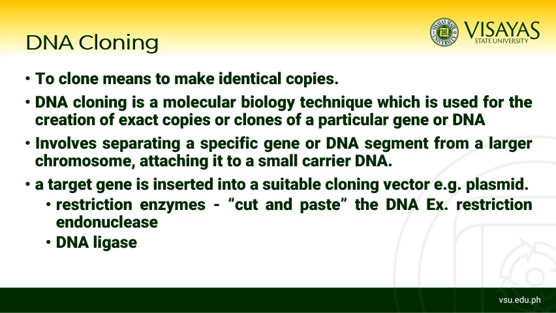And to make these cuts and pastes in the DNA, we use what we call the restriction enzymes. So this restriction enzyme can cut and paste the DNA that we want into the vector or into the plasmid with the help of another enzyme for ligation, which is the DNA ligase.